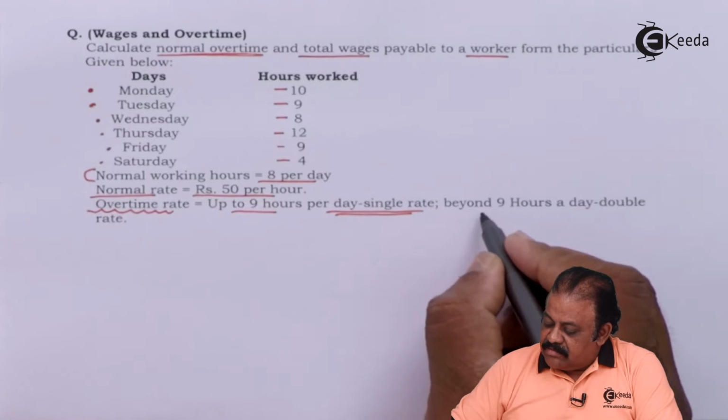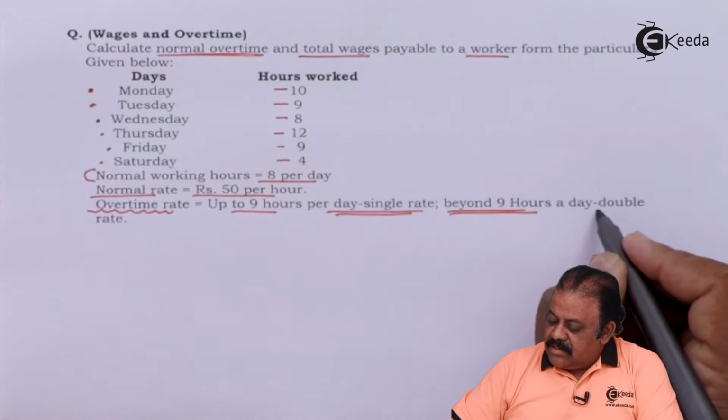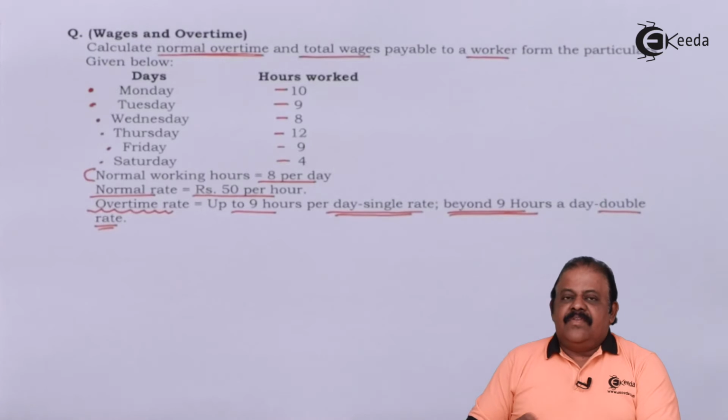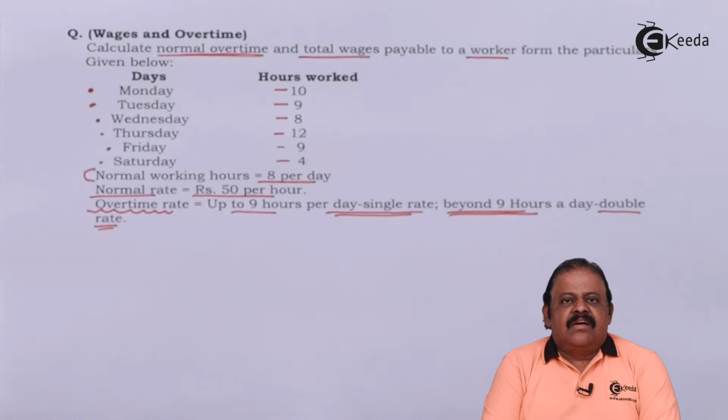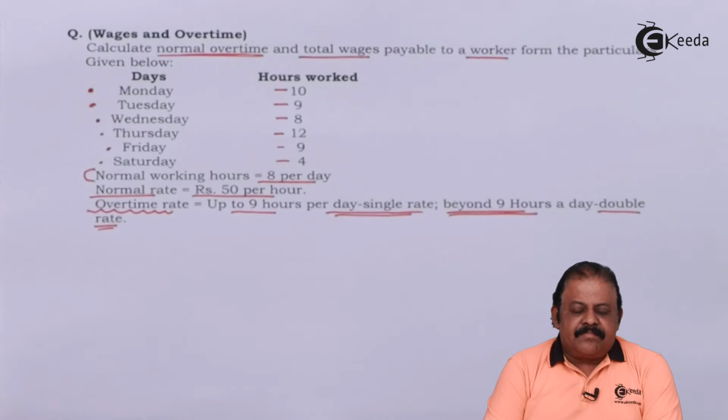Beyond 9 hours a day, double rate. That means if the worker performs overtime up to 9 hours, then he will be paid overtime wages based on normal wages. But if overtime is more than 9 hours, then he will be paid double rate.